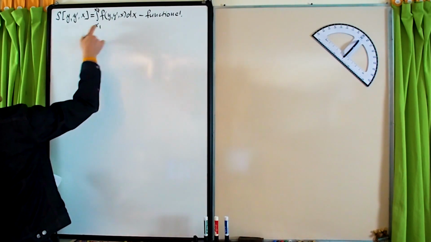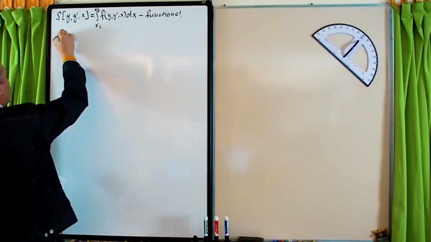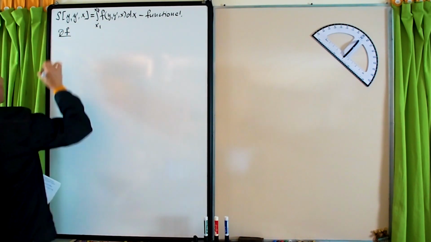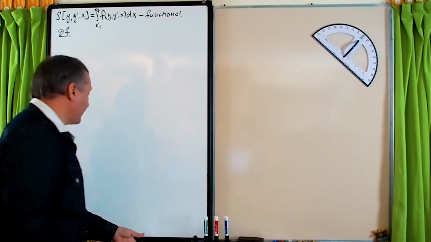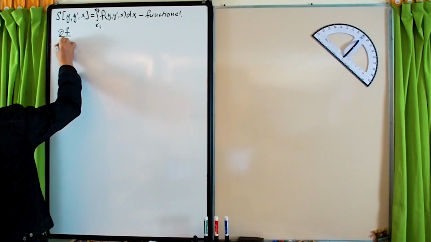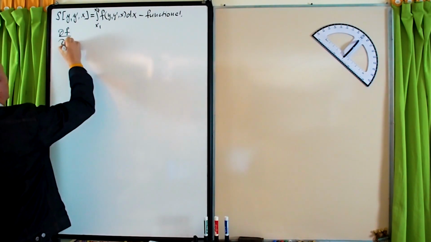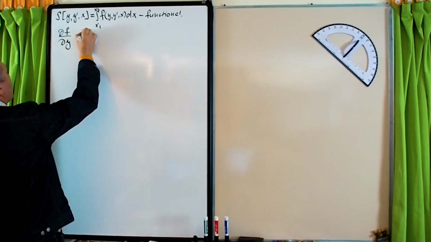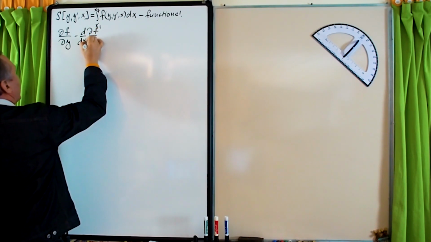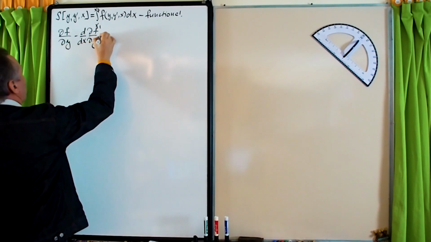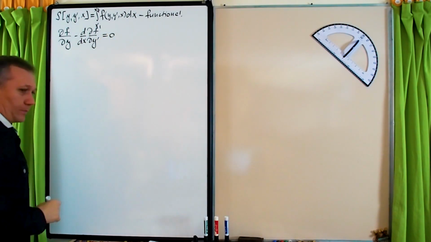You just need to take the integrand and plug it into this second order differential equation: partial f over partial y minus d over dx of the partial derivative of f with respect to y prime equals 0.